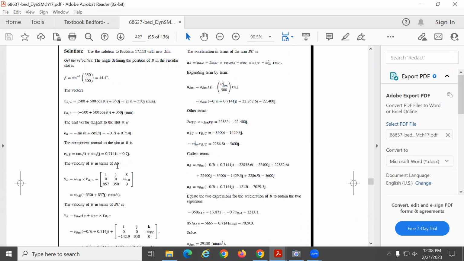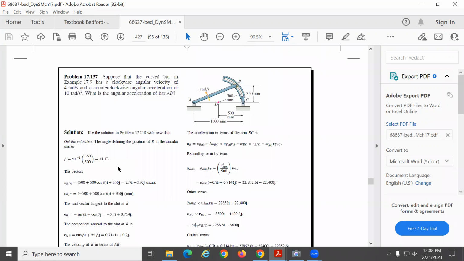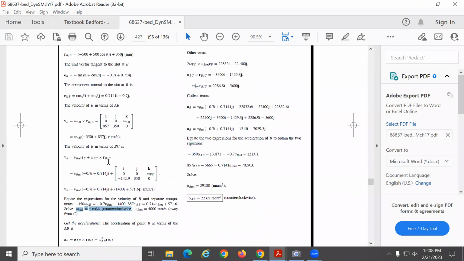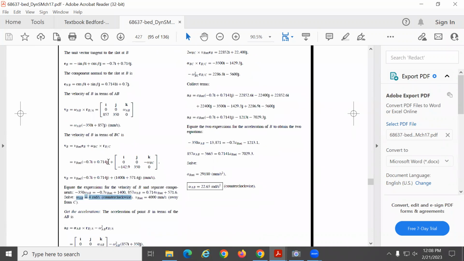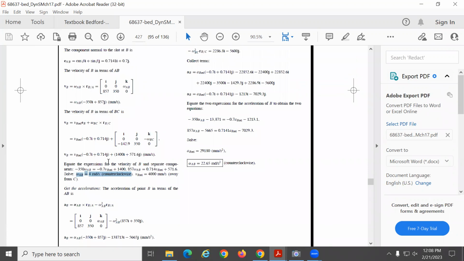Is it the same data? Okay, what's the value we found for omega BC? I don't see here which value to use. Okay, don't pay attention to what they have done here. I don't see what they have for omega BC.